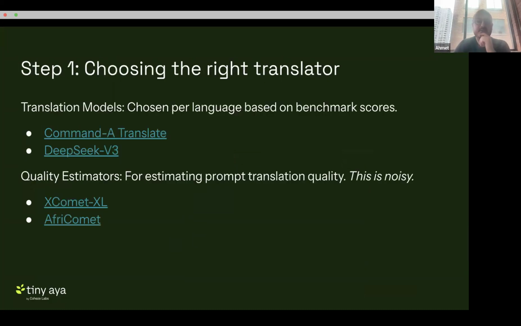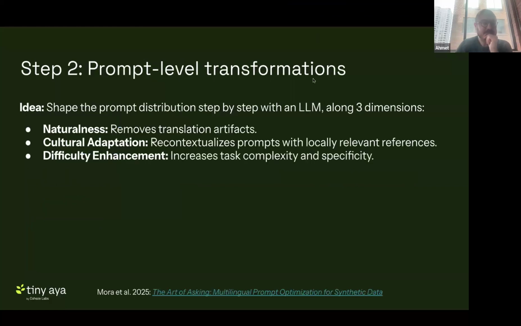Yeah, I think I kind of covered this part. In terms of the prompt level augmentation or transformation, these are the metrics or areas that we looked at: naturalness, like how culturally relevant that prompt is, and difficulty adjustment. We see all of these three really have lots of impact.